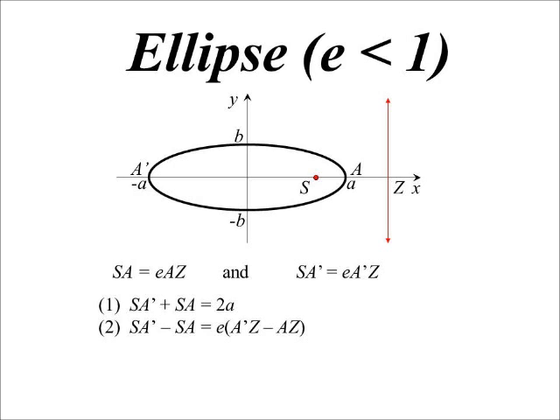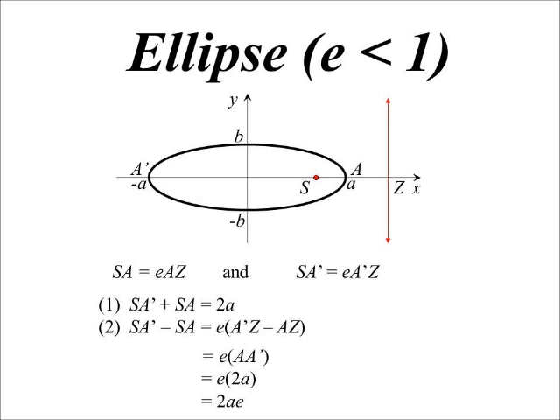SA dash minus SA then, using our definition of the ellipse, I can factorise out the eccentricity as a common factor, but it'll be A dash Z minus the length AZ. So A dash Z minus AZ would also be 2A.